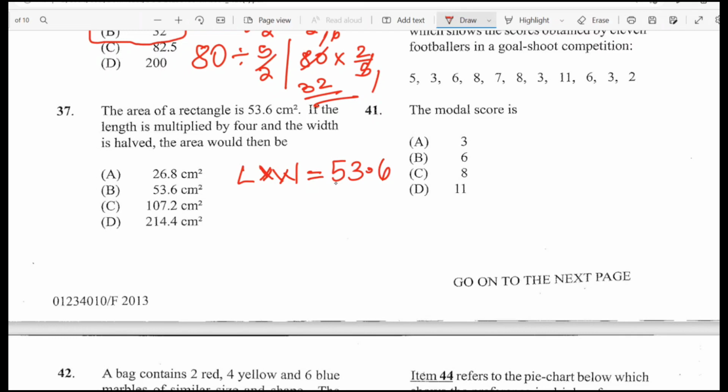So this is what we had originally, and now we're going to alter this. If the length is multiplied by 4, now we have 4L times, and the width is half, then we have W over 2. What's going to be our new area?